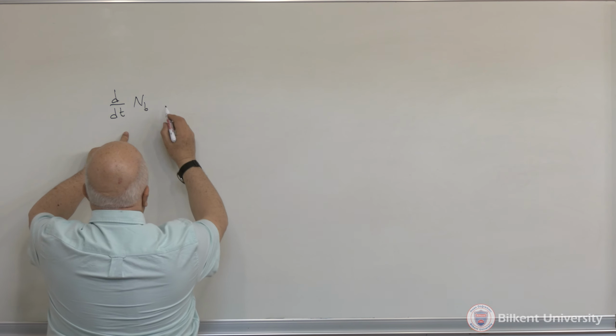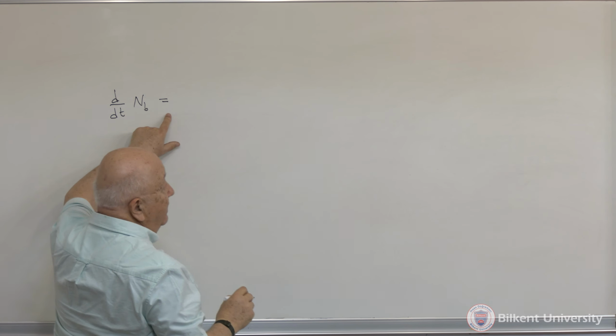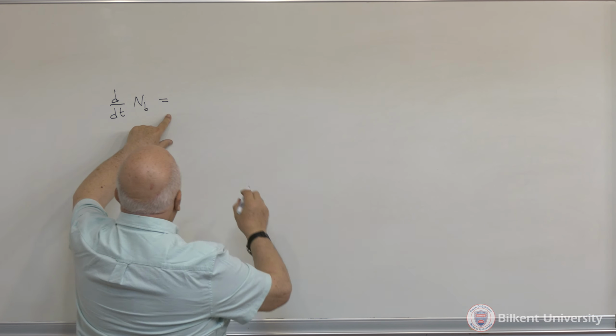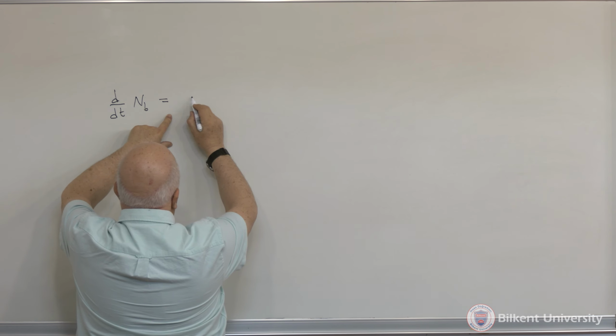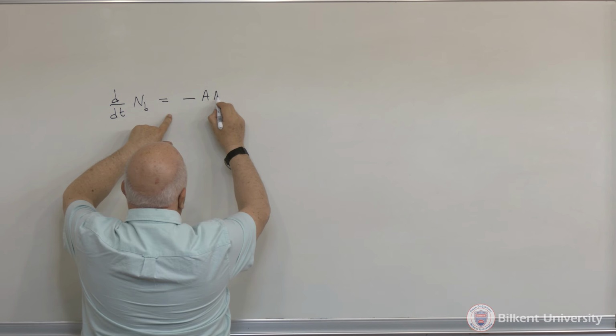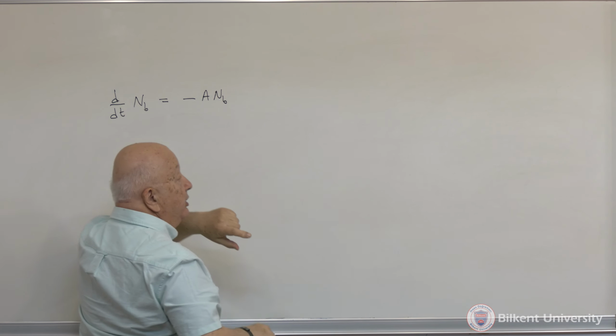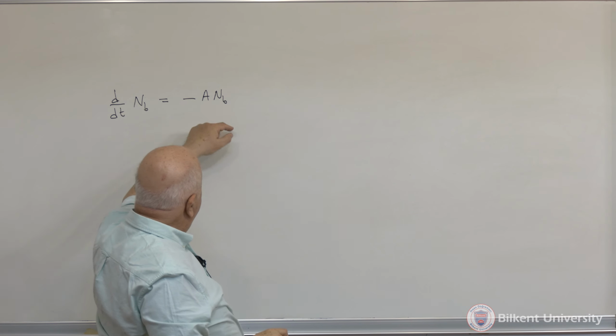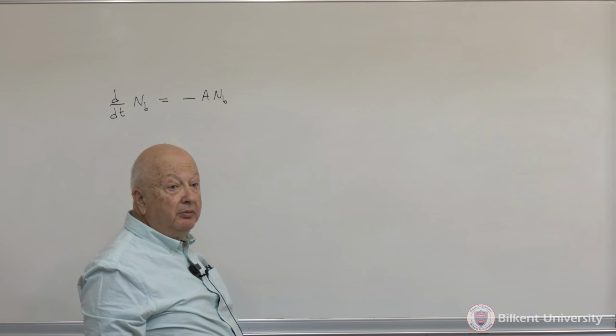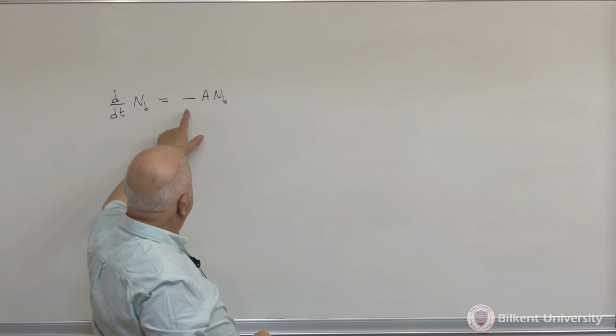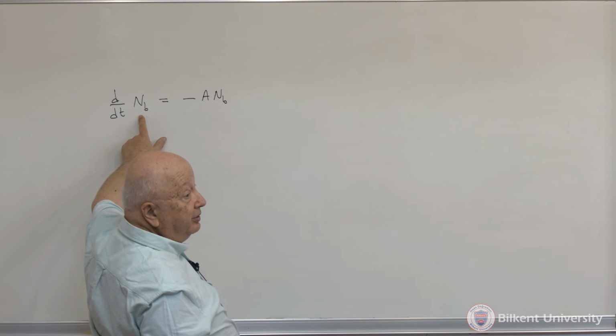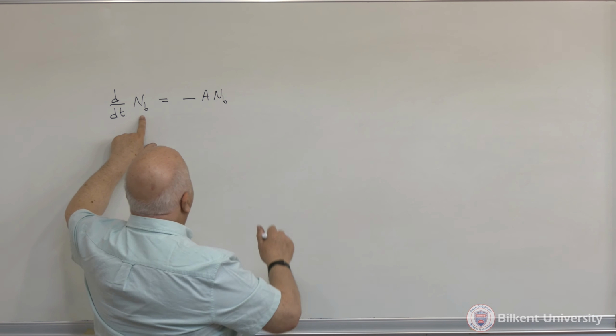So the rate of change of NB is going to be proportional to minus A and B. If the particle is already in the B state, there's a probability that it will go to the A state, and that decreases the number of particles there.